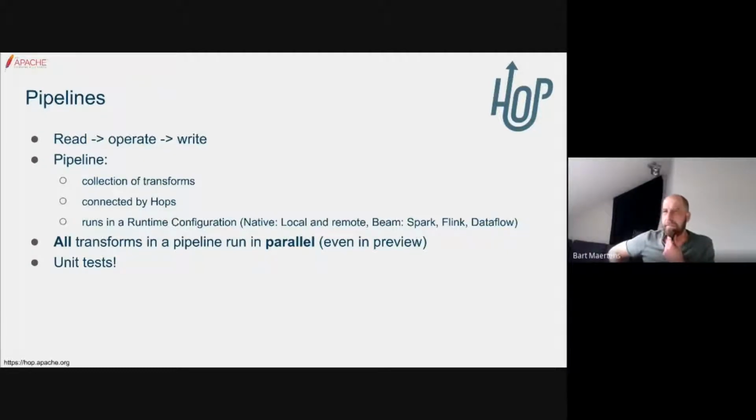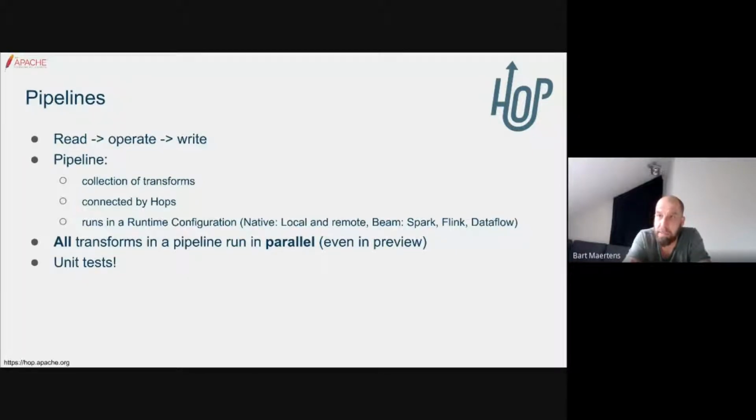A pipeline is a collection of transforms, and transforms are very small, basic blocks of functionality that you chain together with hops, and hops pass data between transforms, and the collection of transforms and the hops that connect those transforms are what you use to build the powerful pipelines that you can build in HOP.